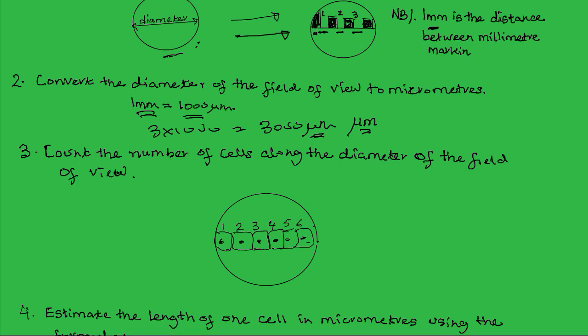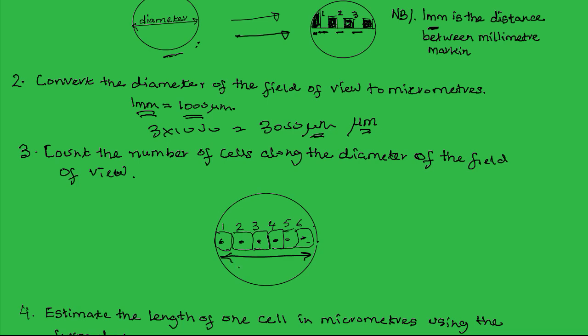Then next step, we count the number of cells along the diameter of the field of view. To do that, you'll have to remove the ruler and place the microscope slide with the cells on the stage. You then position the slide so that a row of cells are arranged lengthwise like that.